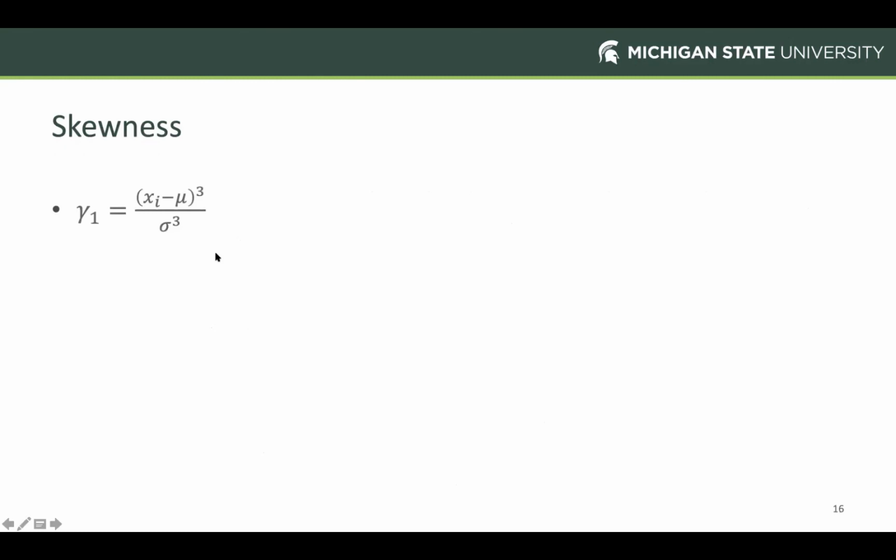And so that parameter is going to be denoted as gamma 1. It's calculated as shown in the formula here. So like I said, we're just taking the difference between each value and the mean, and we're then cubing that, and then we're dividing that by sigma cubed, and all that does is convert this to a unitless measure, okay?